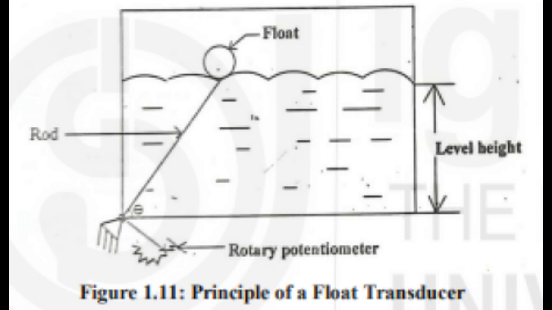D. Optical encoders. An optical encoder is a digital position measuring device. It is available in both linear and rotary construction. Figure 1.10 shows the principle of an optical encoder in rotary form. A slotted disc is rotated in the path of a photoemitter detector pair.